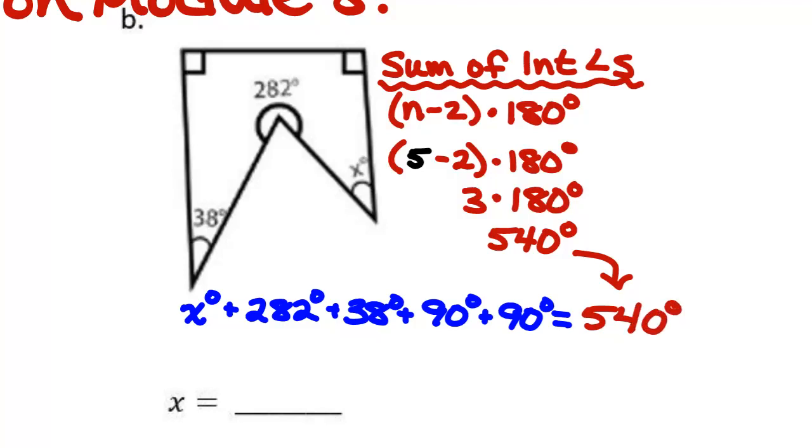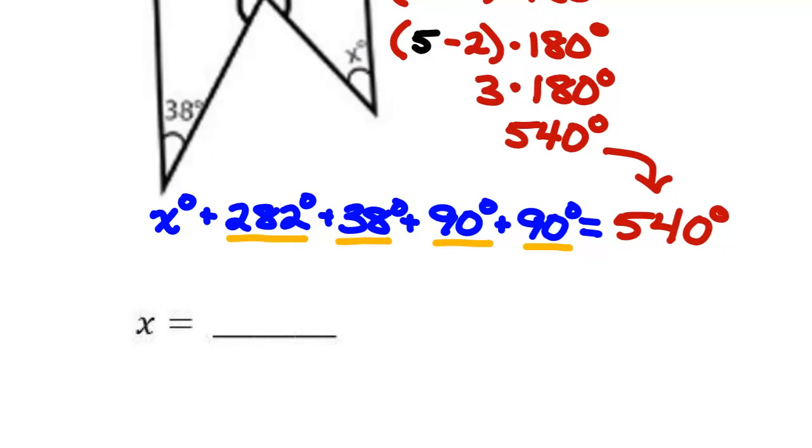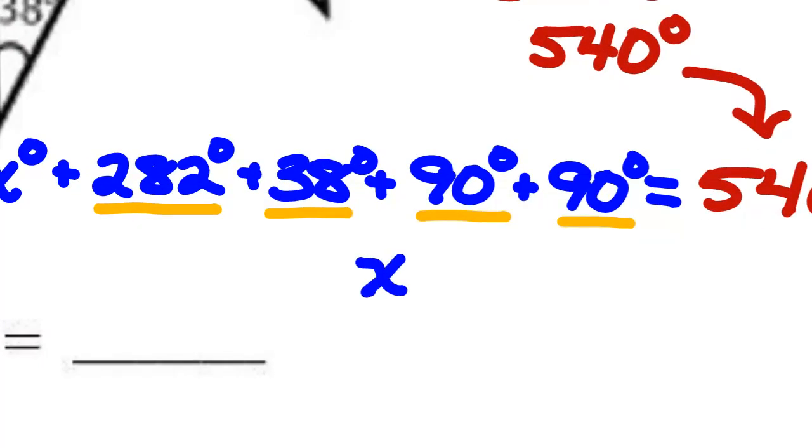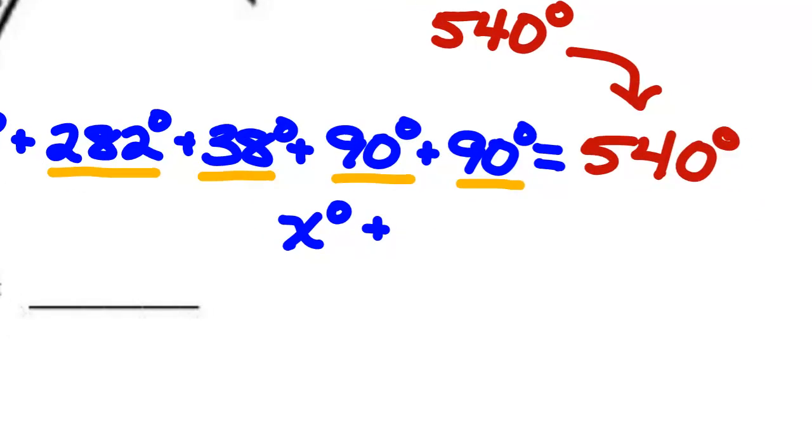And now we need to collect our like terms here. So we're going to add all the things that have numbers but no variables. 282, 38, 90, and 90. Could you guys add those up for me real quick? 500.